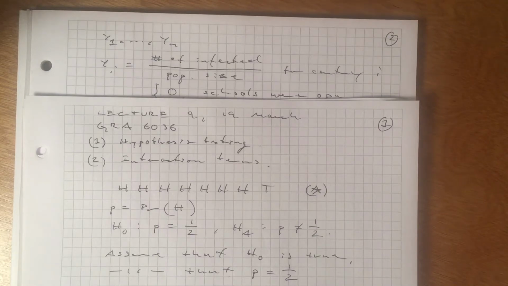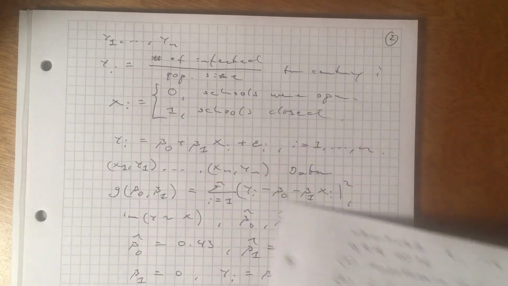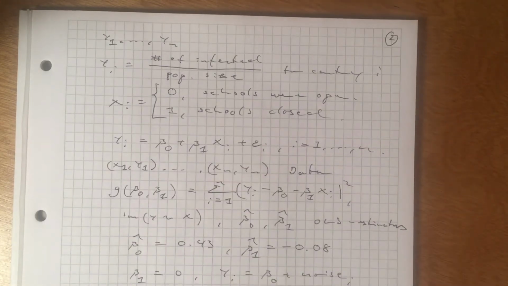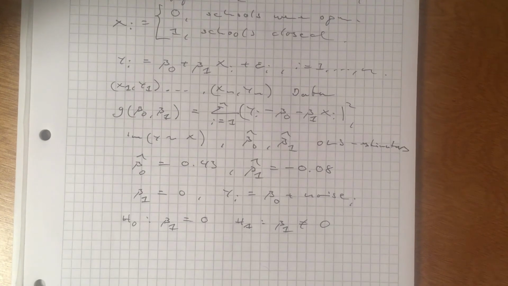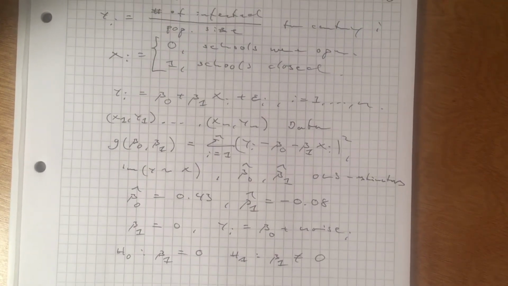So we're still talking about hypothesis testing, and we are here. So we have formulated a null hypothesis about the possible effect of closing the schools on the number or the share of infected people in the country. So this is our null hypothesis, and this is our alternative hypothesis.